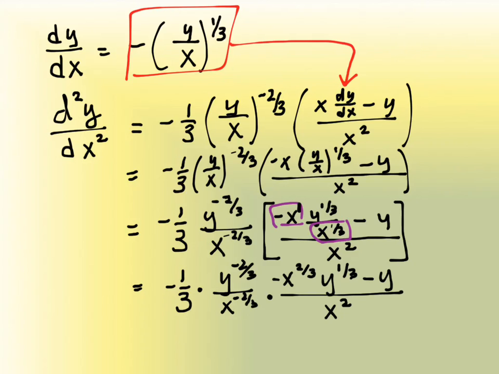All right, so now we're going to multiply straight across the top, multiply straight across the bottom. The denominator is the easy part because there's no addition or subtraction. So I'm going to associate the negative here with the 1/3 with the 1 on top. So this is going to be negative 1 on top, so that I have a place to decide where to put that. The denominator is going to be 3. What is x to the negative 2/3 times x to the 2?